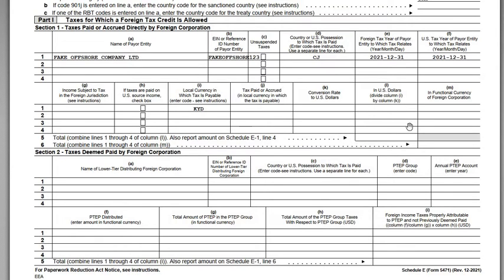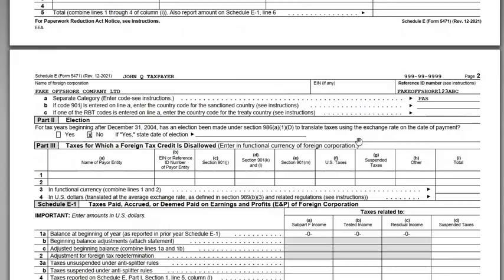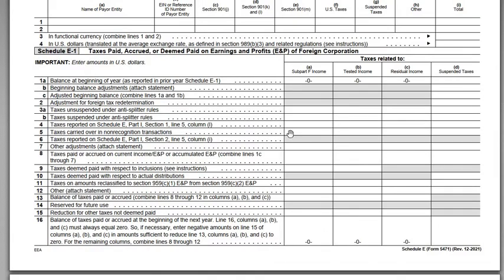Column L is the US dollar equivalent of all the totals here. So line 5, column L will be the amount we're working with. And then what we would do down here on E-1 is allocate those taxes paid on line 5L across the different types of income groups.